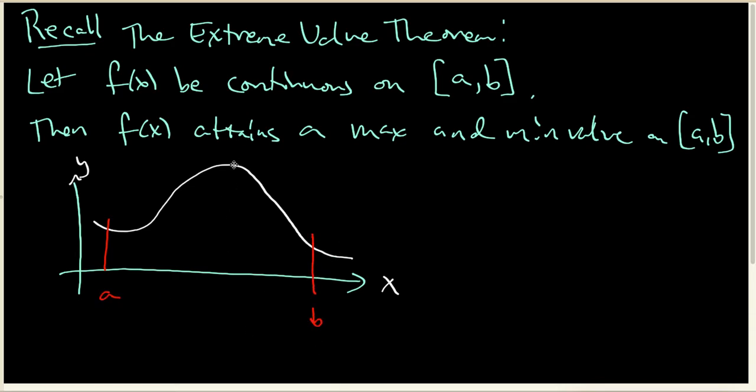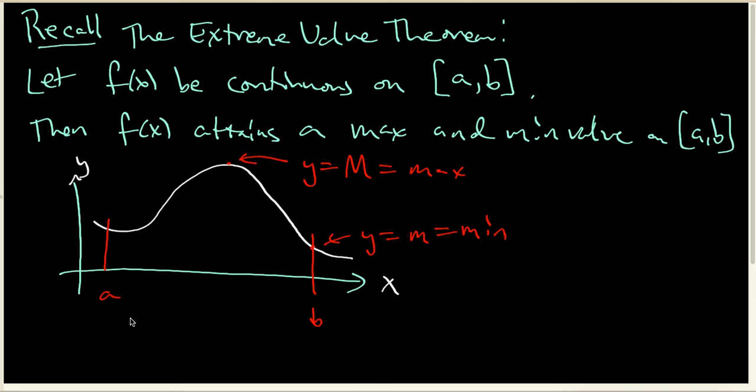And in this particular picture, the maximum value up here is at this particular point. So y equals capital M is my maximum value. And in this particular picture, the minimum value would be over here. y is equal to little m, which is the minimum value on this particular interval.